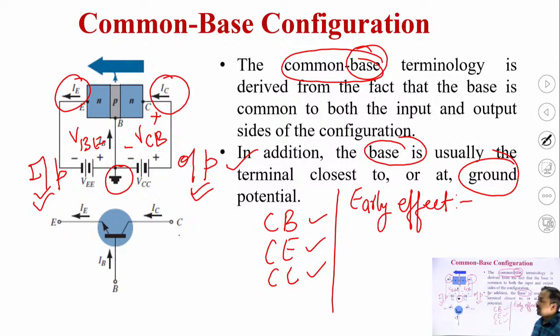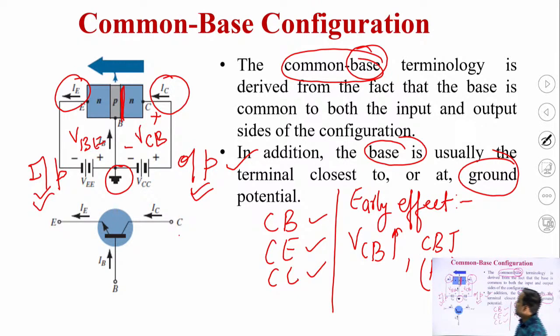What this early effect says: if we are varying VCB, then we are making the collector base junction more reverse bias. If the collector base junction is more reverse bias, that means the depletion region will penetrate more into the base region.